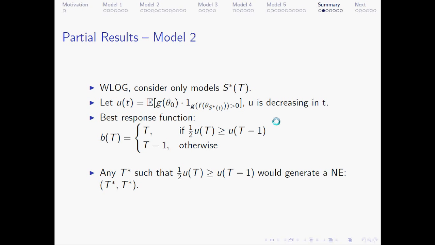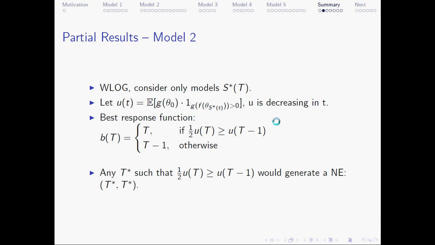But in any case, a Nash equilibrium is basically an optimal t such that it satisfies some condition. I think the condition here is not right. We need it to be greater than u of t plus 1 as well. But there would exist some t, that t may be 0, such that people would coordinate on a model of a particular size, a size such that we don't have incentive to deviate, either to increase the complexity or decrease the complexity.